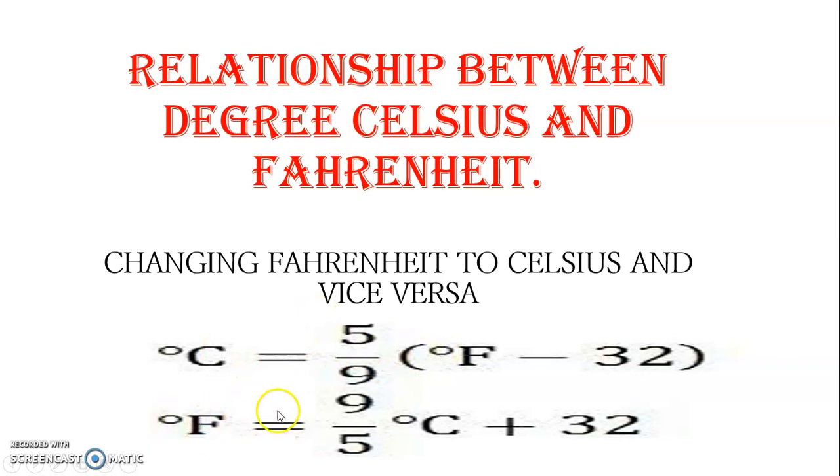If you want to change your Fahrenheit to degrees Celsius, this is the formula. To get Fahrenheit, this is the formula. To get your Celsius, this is the formula. If the initial reading was given in Fahrenheit and you want to change to Celsius, this is the formula that you use. Let's take a look at some examples that have been done.